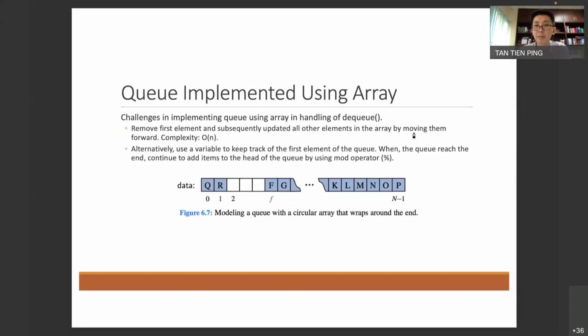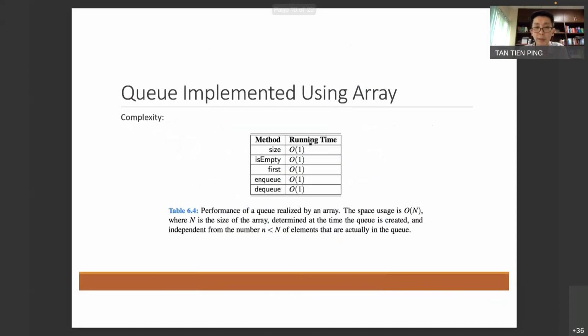Okay, so these are some implementations of how we want to write our algorithm for append and also for remove. And how we do it will obviously affect the time complexity.